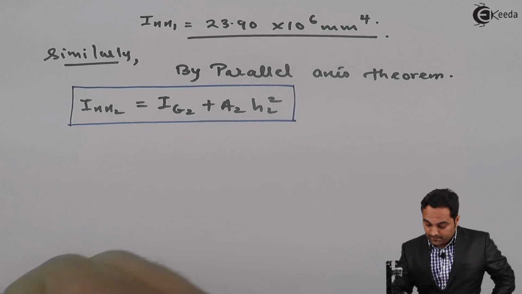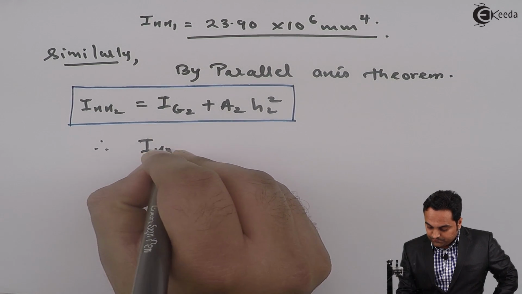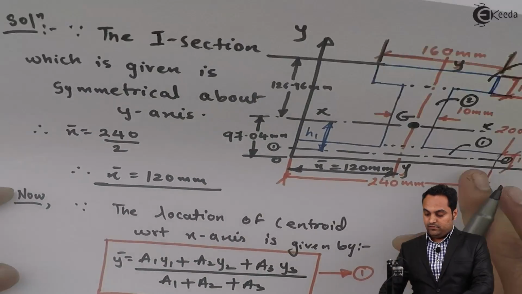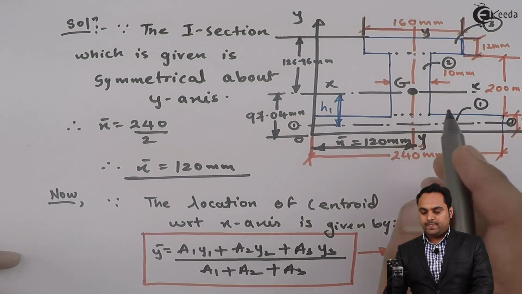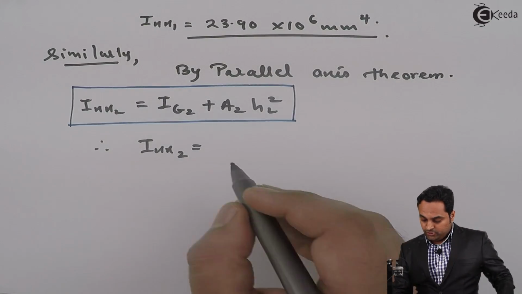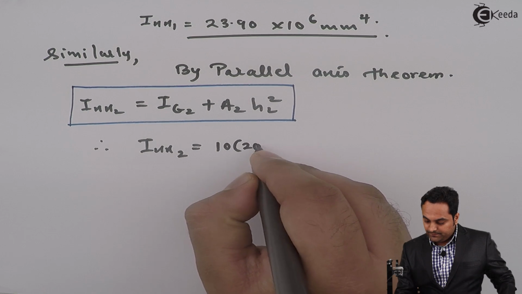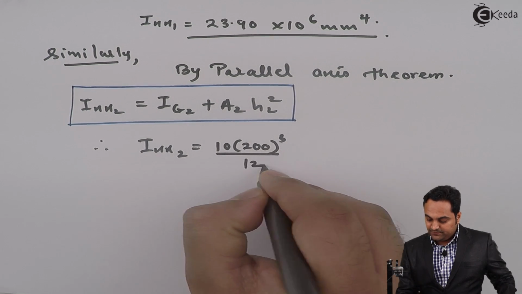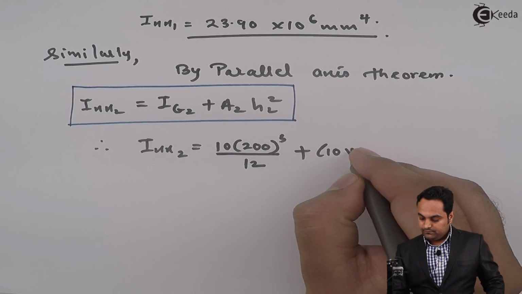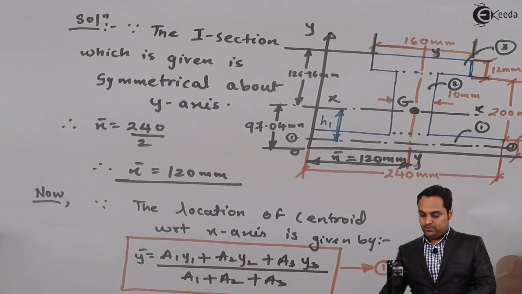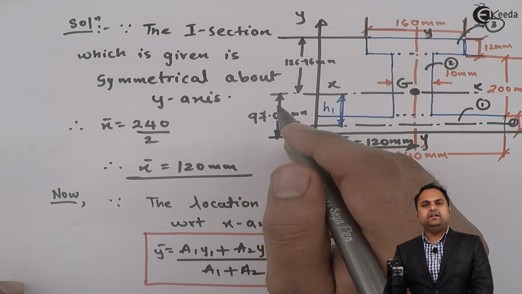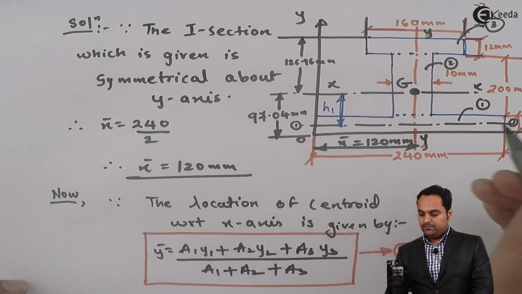So therefore, Ixx2 will be equal to, Ig2 is MI for the second rectangle about its x-axis, and that will be, here we have B as 10 and D as 200. So it is 10 into 200 cube divided by 12, that is BD cube by 12, plus area 2 will be 10 into 200, and H2, here the x-axis of the unsymmetrical I section is at 97.04 mm from bottom.